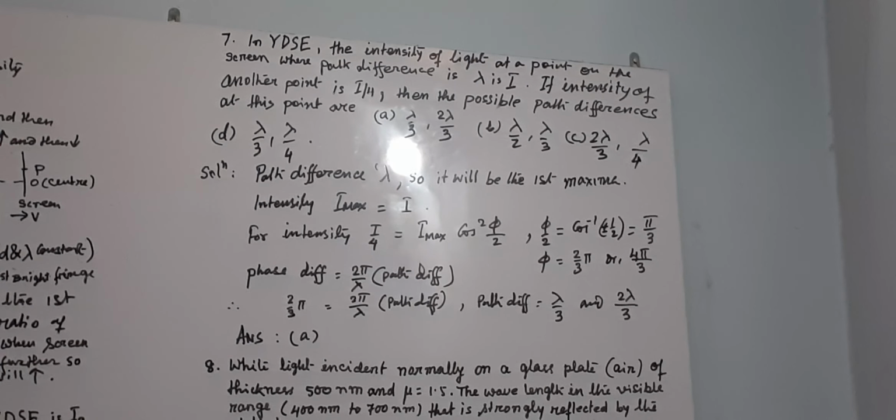Now phase difference equals 2 pi by lambda into path difference. Using this formula we can see path difference is lambda by 3 and 2 lambda by 3. So choice A is the correct answer.